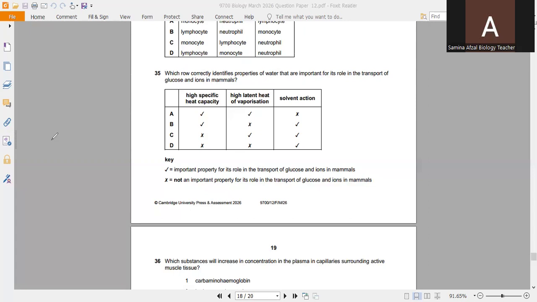So you can see the cross will show not an important property for the role in transport of glucose and ions, so it is cross.